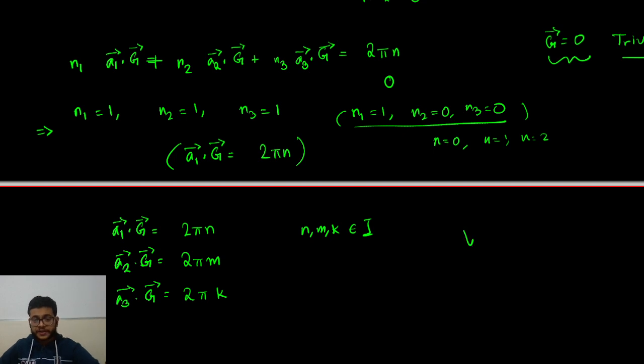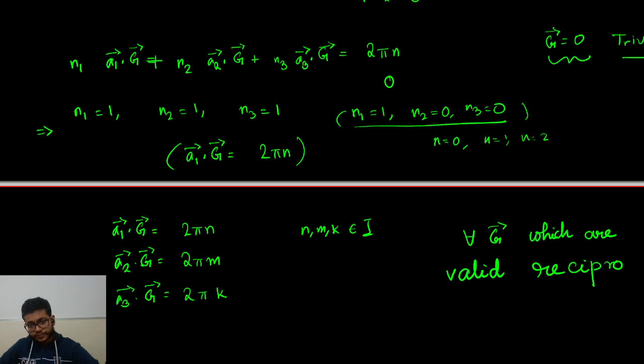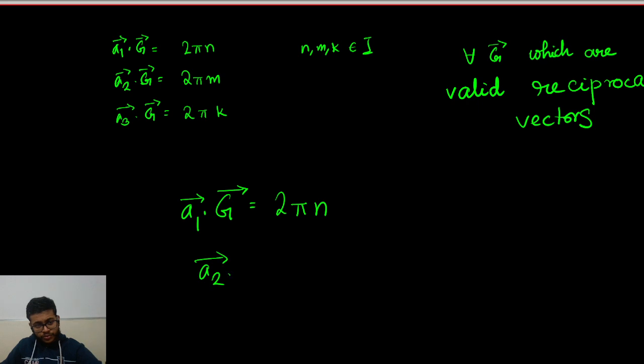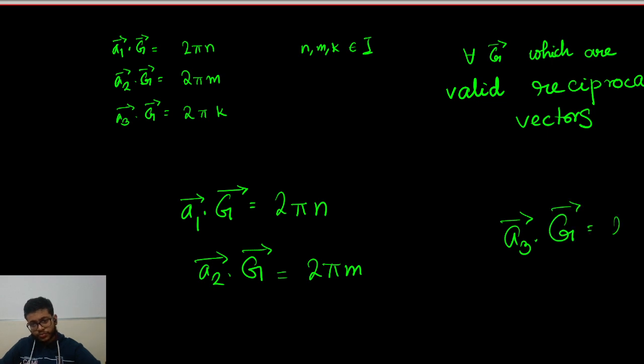So for all g vectors, all valid reciprocal vectors, the relation will be that a1 dot g equals 2 pi n, a2 dot g equals 2 pi m, a3 dot g equals 2 pi k.